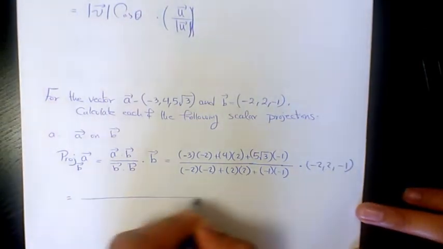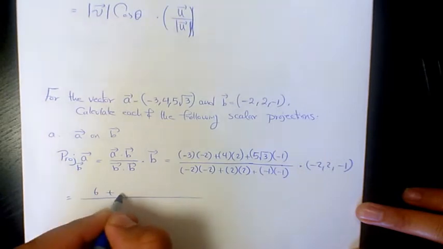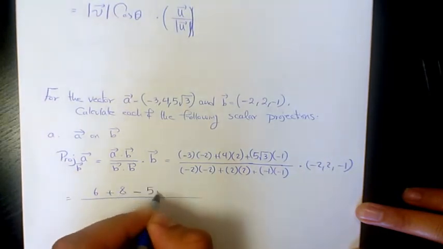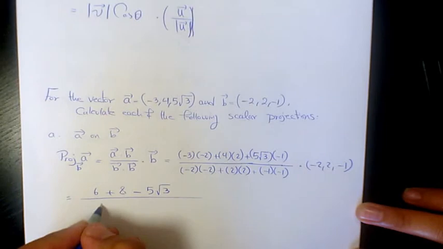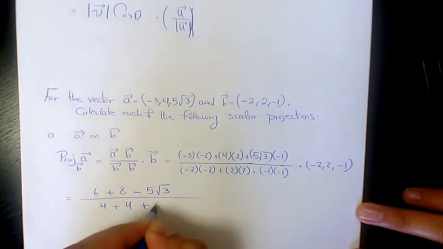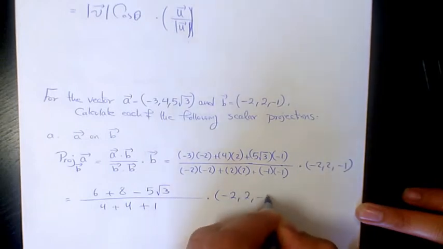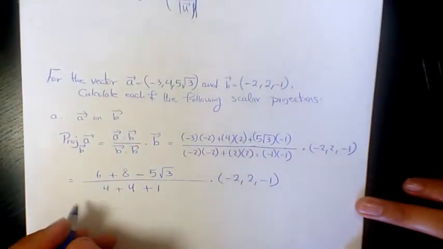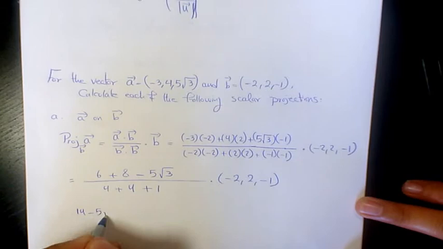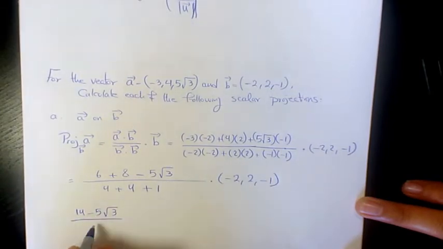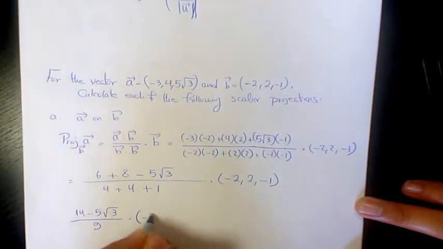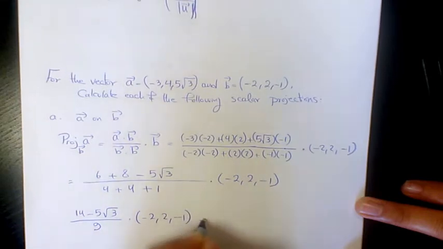So that will be 6 plus 8 minus 5 root 3, divided by 4 plus 4 plus 1, times negative 2, 2, and negative 1. So that will be 14 minus 5 root 3 over 9, times negative 2, 2, and negative 1.